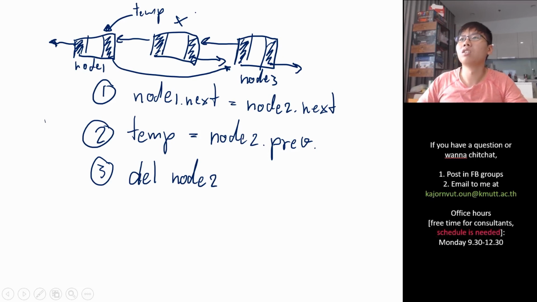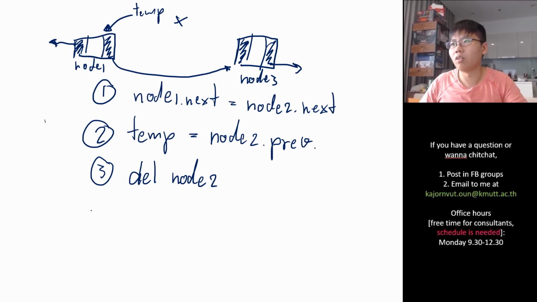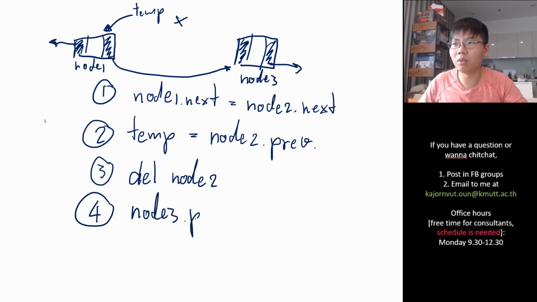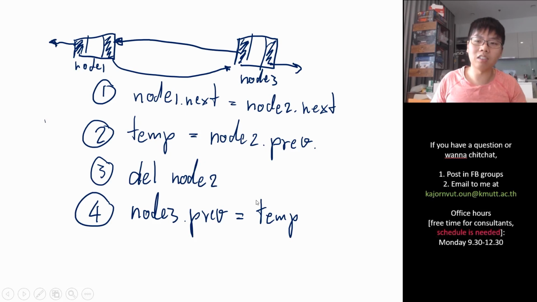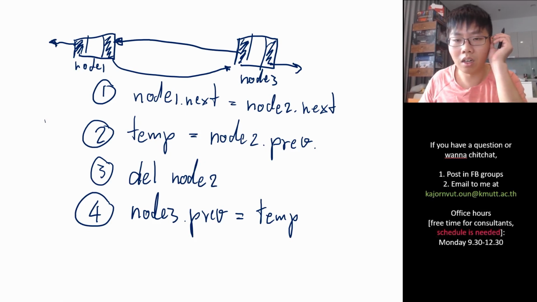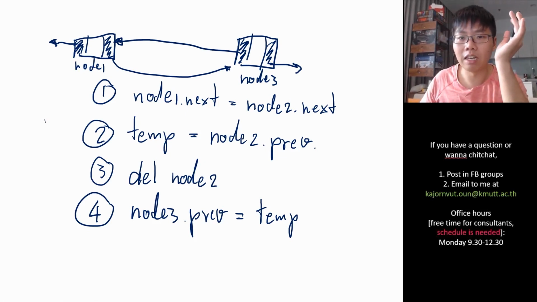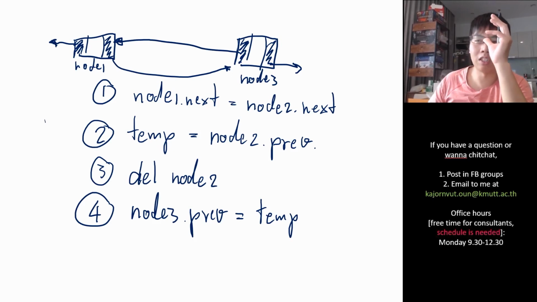Then number 4, you make node 3.previous equal to temp, which means node 3.previous will point back to node 1. And that's it. That is the less confusing version of deletion for double linked list, but not that effective.